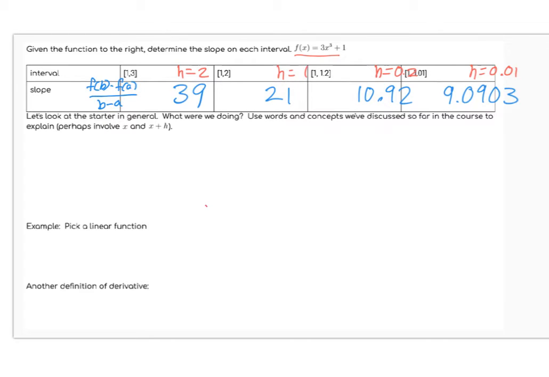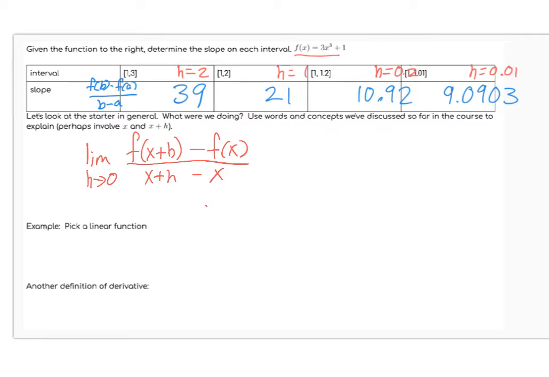So what we're really doing is finding the slopes. And as we move closer and closer together for these points, the h value is really decreasing. One way for us to describe this is to say that this is the limit as h approaches 0 of our y coordinate, f of x plus h for our second one, minus f of x, divided by x plus h minus x.